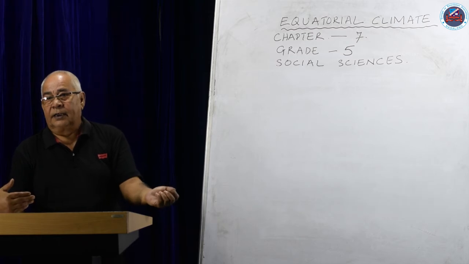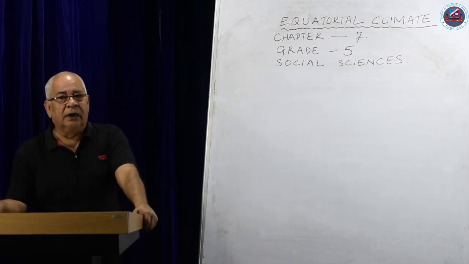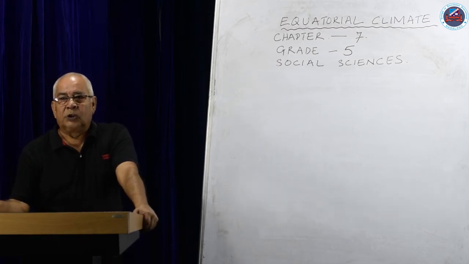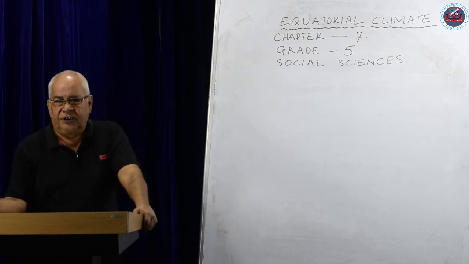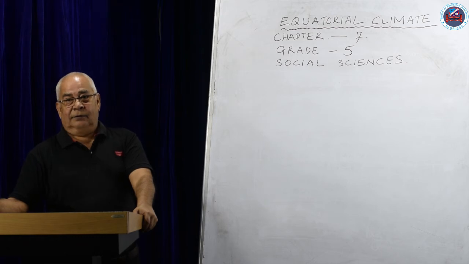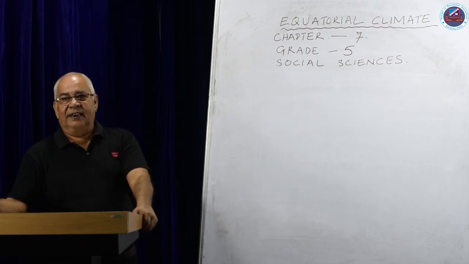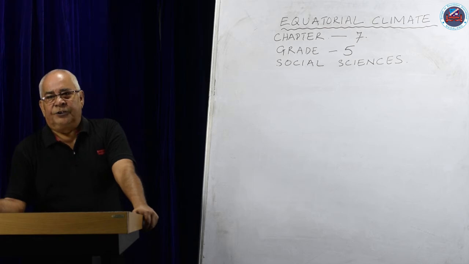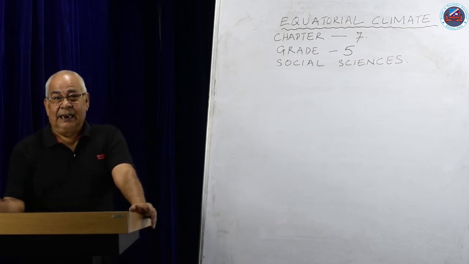Now we'll move on to the Congo Basin. The Congo Basin and the forests of Southeast Asia are known for primate species like the gorilla, the chimpanzee, and the orangutan. Gorillas are huge in size. Chimpanzees are more or less like human beings.